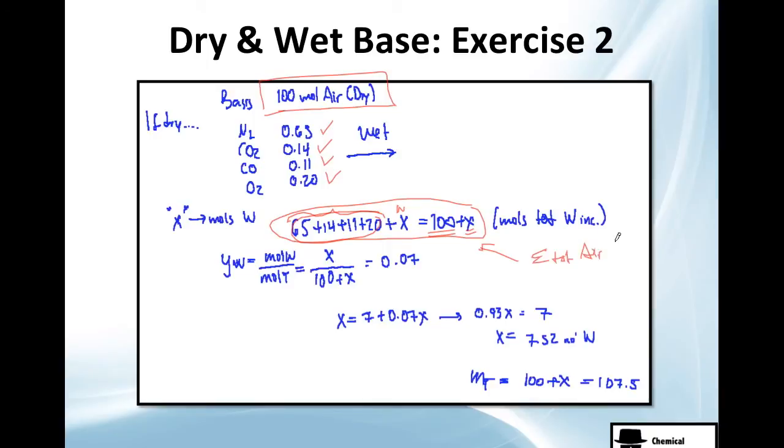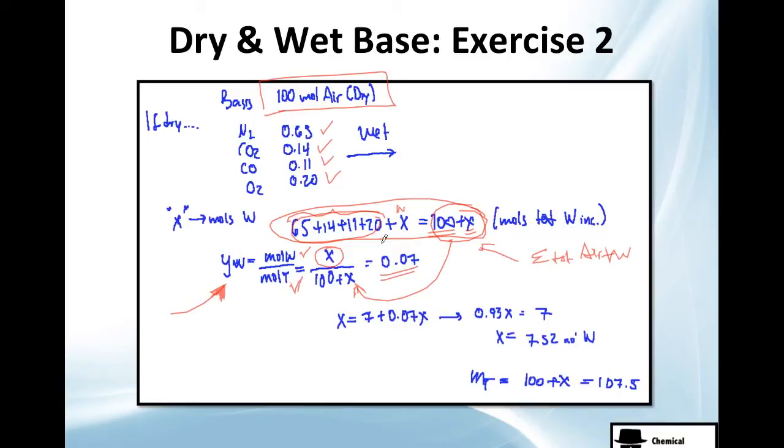of gas and water. Since they give us the mole fraction of water, and by definition mole fraction is moles of water divided by the total moles, we know the moles of water is X, and the total moles we already wrote in the equation, so we can substitute it here. They tell you this is equal to 0.07.